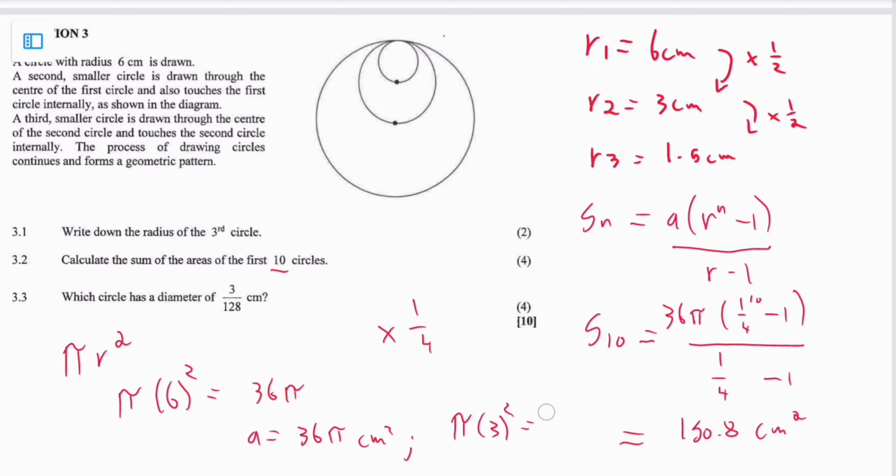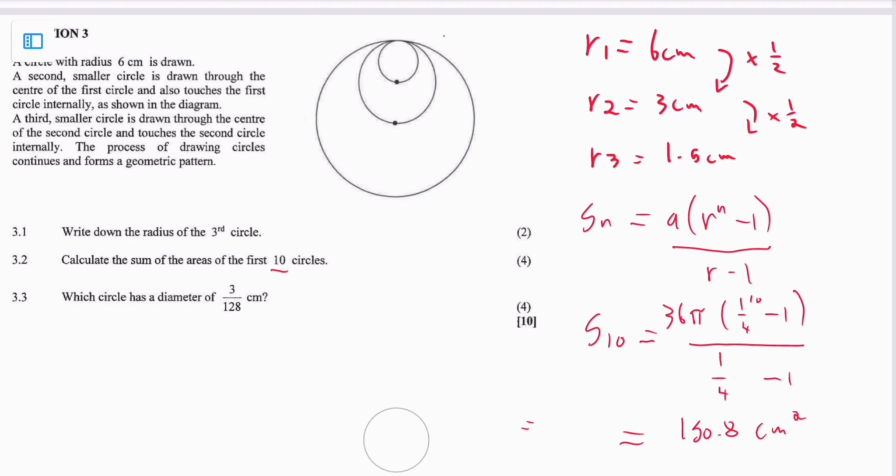And now they ask us, given this information, which circle has a diameter of 3/128. So first of all, let's make sure we have our formula for the nth term of a geometric sequence. That's the formula.